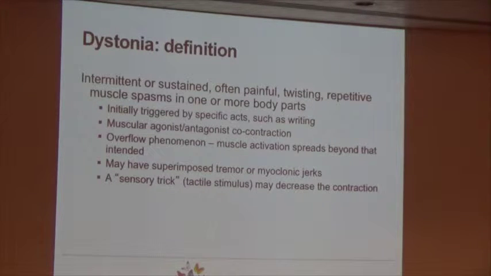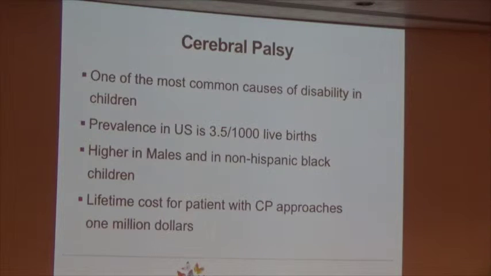So in order to discuss with your physicians, with your interdisciplinary team, what the most appropriate treatment is going to be, you need to have as good an understanding as can be of what's happening and what the different components of the movement disorder are.